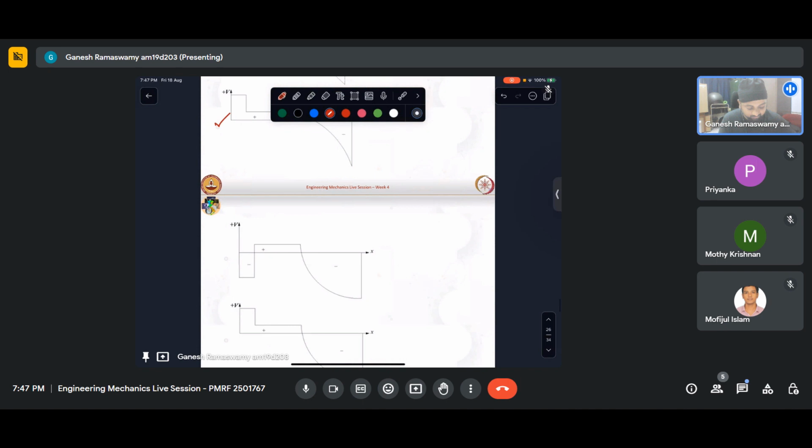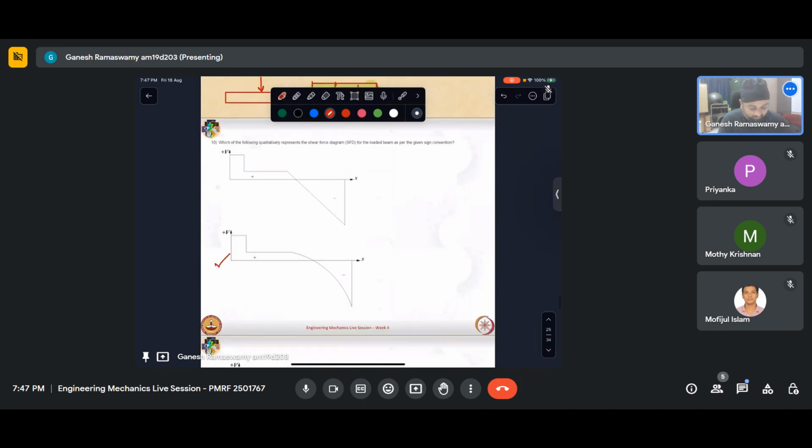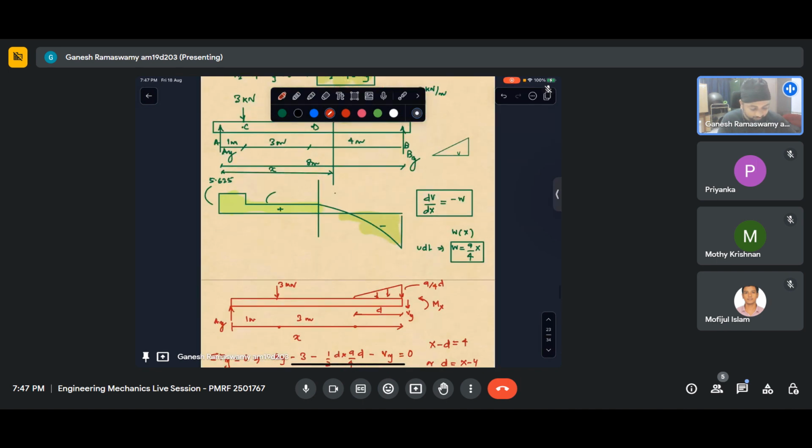Now we can check for the slopes here. If I see the slope at this point, I have a negative slope which gets more and more negative as I go in x, right? Which is consistent with this. So which is why this slope is actually correct.